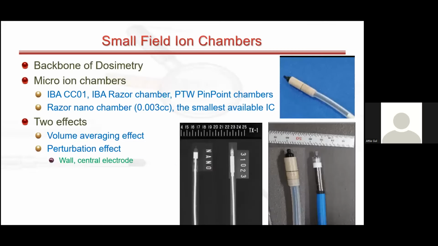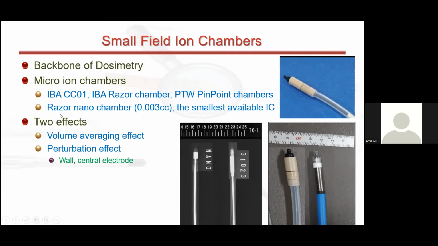Then small field ion chambers, as you all know, are the big backbone of our dosimetry. And usually for small fields, we use micro ion chambers. For IBA, it includes CC01, and then its improved version that has the same volume but with some improvement, the IBA Razor chamber, and our PTW PinPoint chambers.